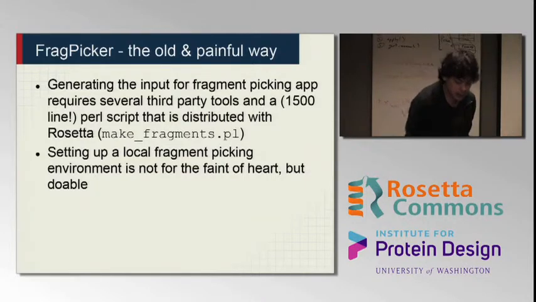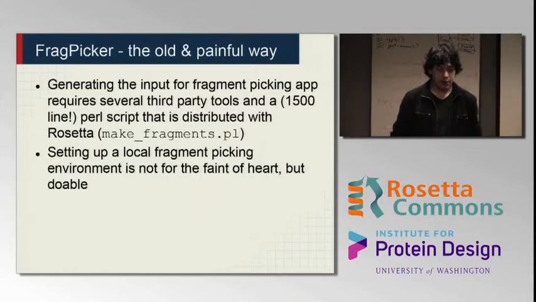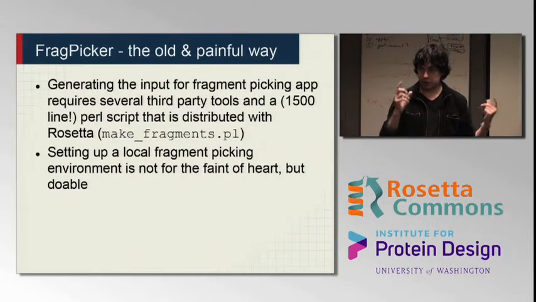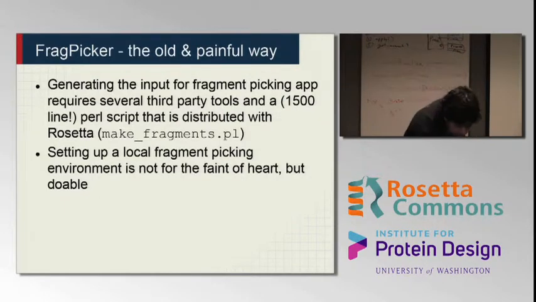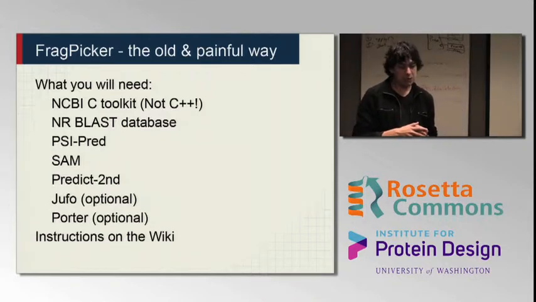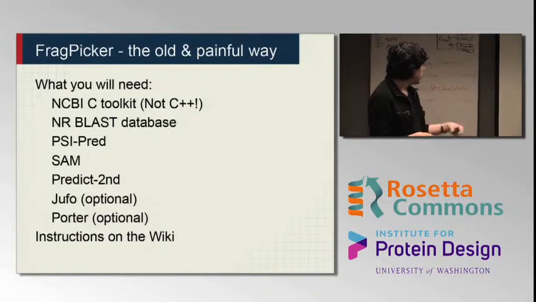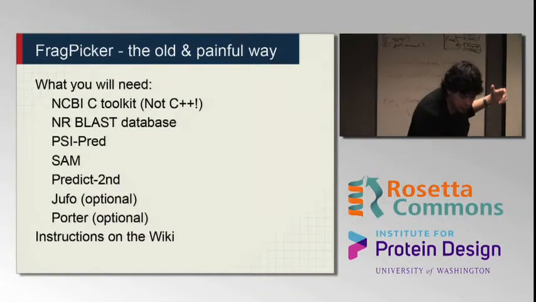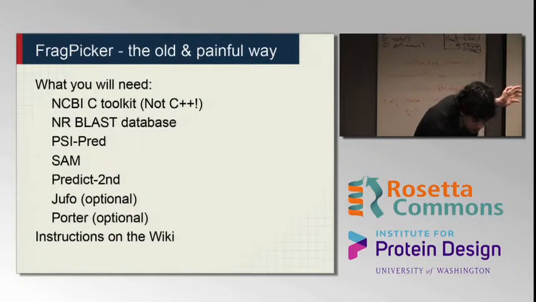What this ended up being is a gigantic Perl script that uses many other programs in order to choose the fragments for a given sequence. So running the old fragment picker is really a pain. It needs a lot of third-party programs, and it uses that Perl script.